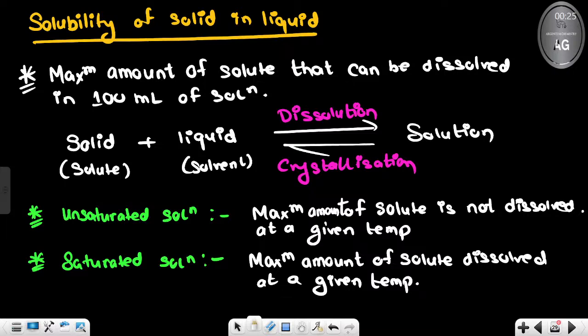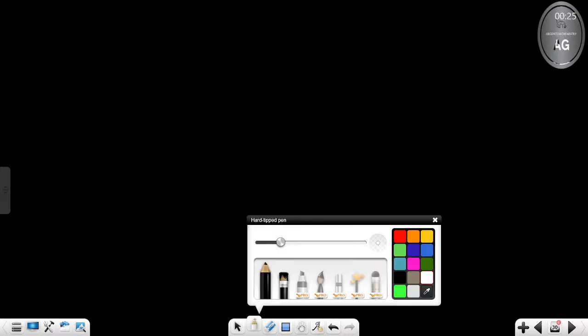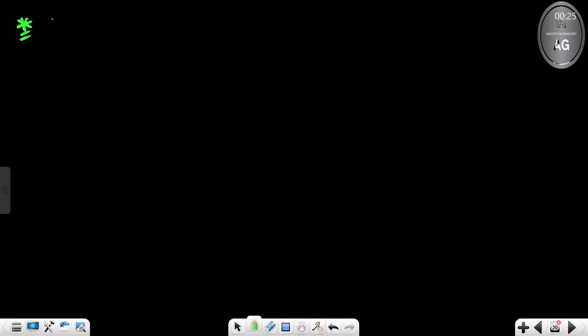Next, another terminology is called supersaturated solution.